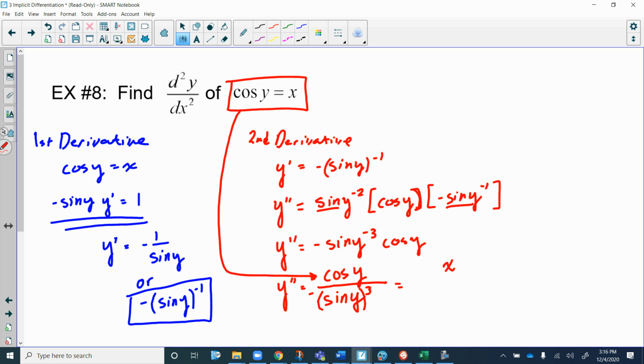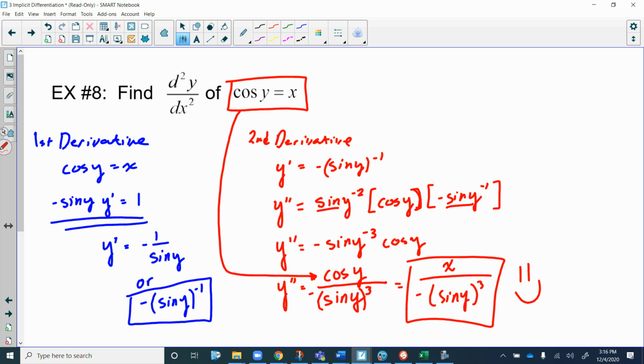So I'm going to say x over negative sine of y cubed. And that's where we're going to stop on that one. So there is your second derivative of your function. Not super fun, but definitely doable.